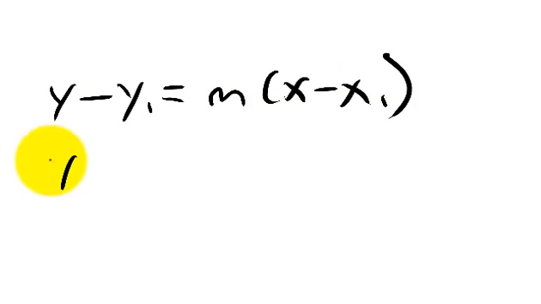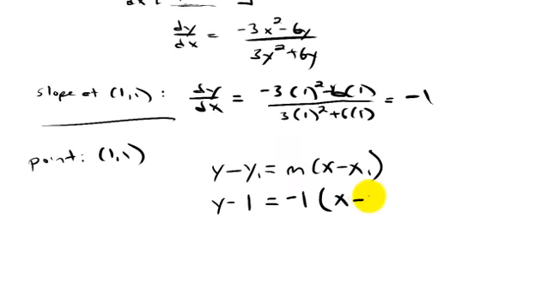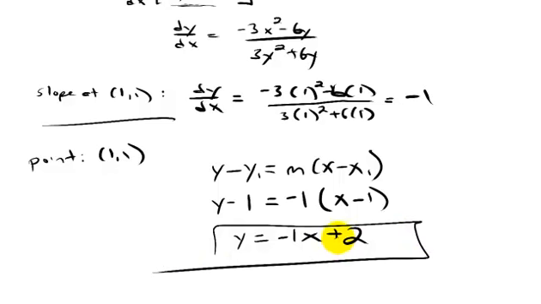The point was 1, the slope was negative 1, and the x value was 1. I guess a lot of 1s. And then solve for y. So this will give me negative 1x plus 2. And that's the equation of the tangent line at (1, 1).